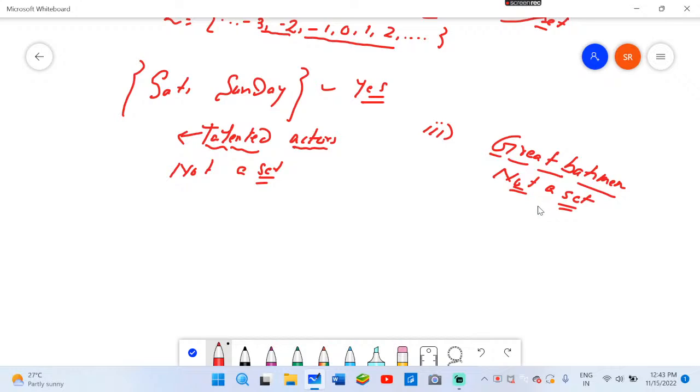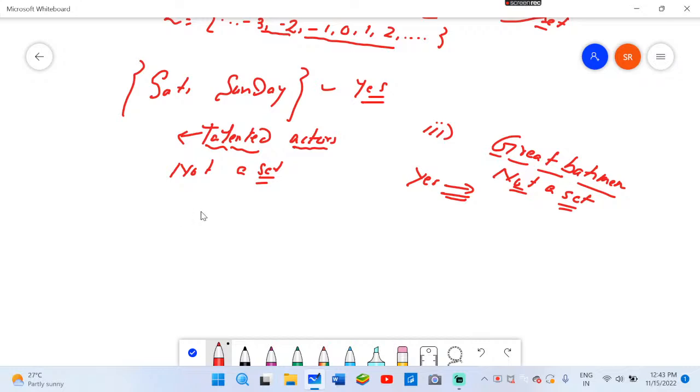Then the collection of all girls in your class. Set of all girls in your class. Yes, it is set. The collection of all even natural numbers less than 9.